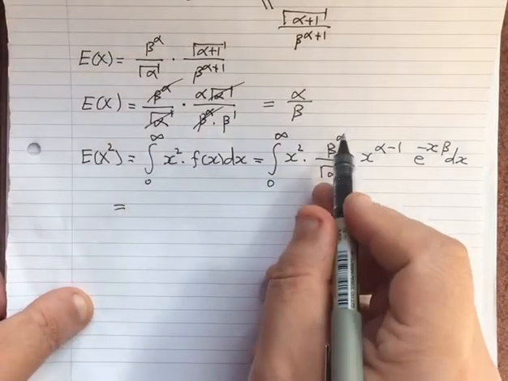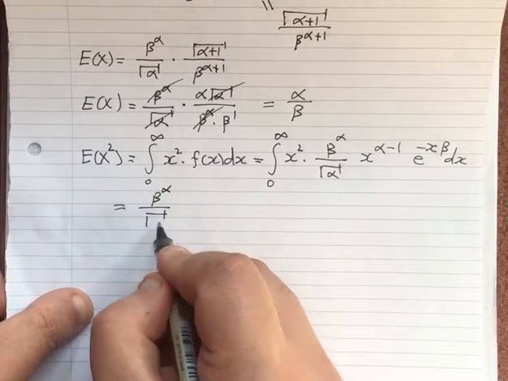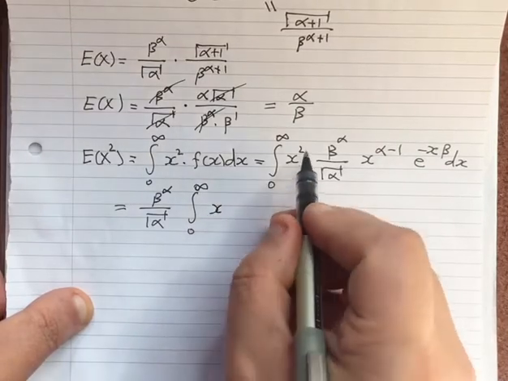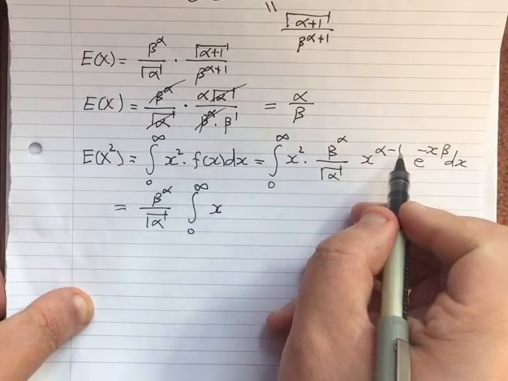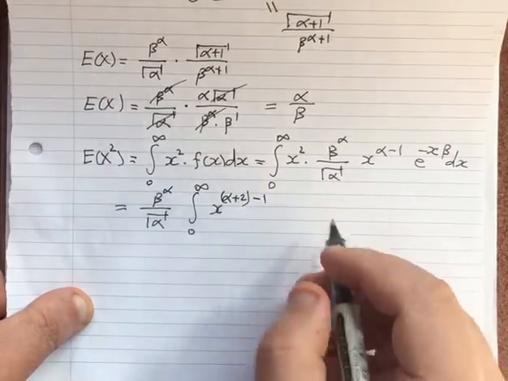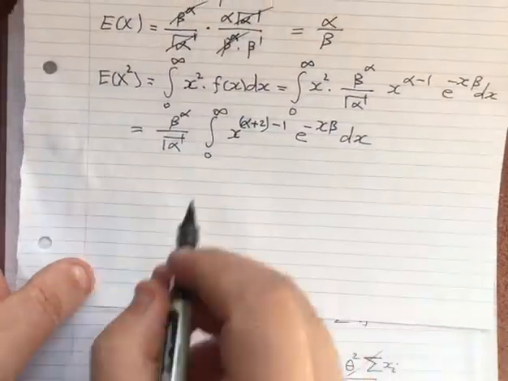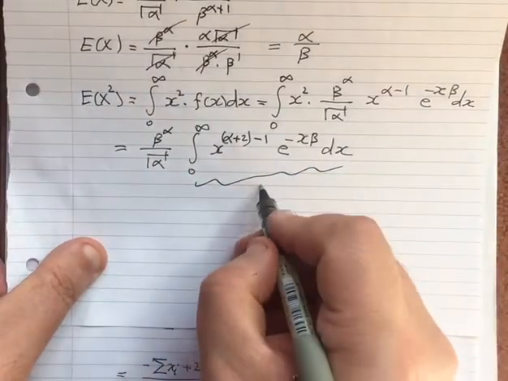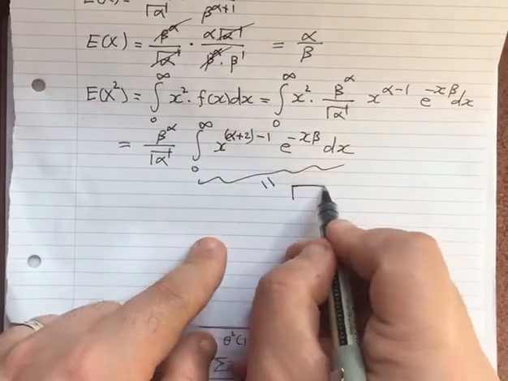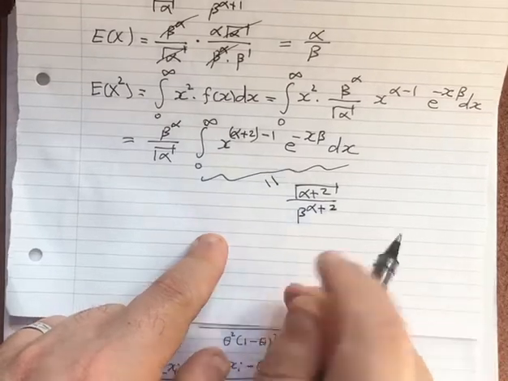Now we can take beta to the alpha and gamma of alpha outside the integral, and we have x squared here and alpha minus 1 here, so we can write that as x to the alpha plus 2 minus 1, e to the minus x beta dx, and that integral again equals gamma of alpha plus 2 over beta to the power alpha plus 2.